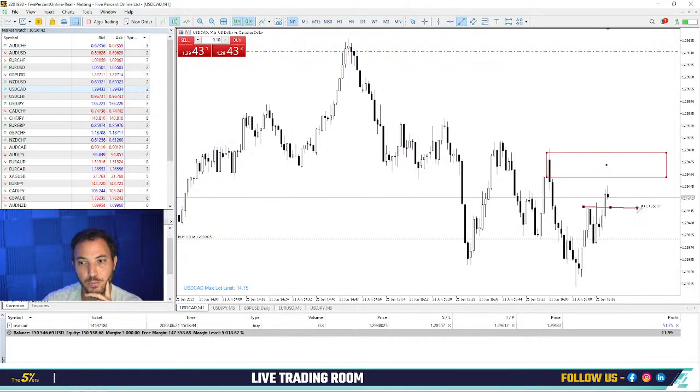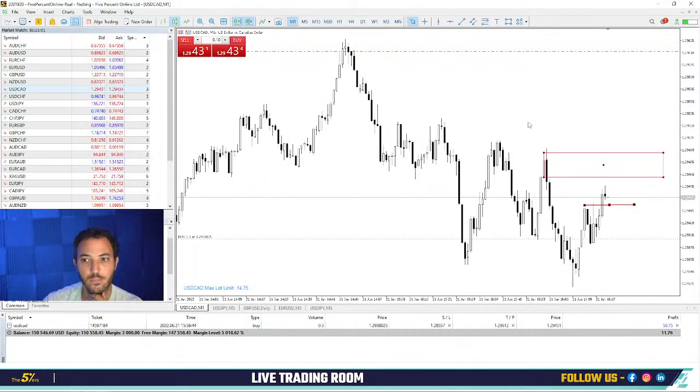We just broke previous high. I really want to see some continuation to the upside. No continuation. That's not a great signal.